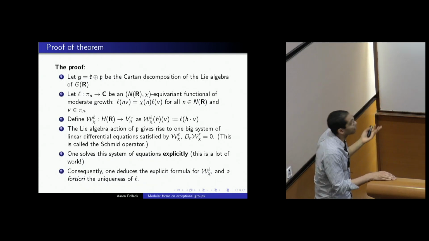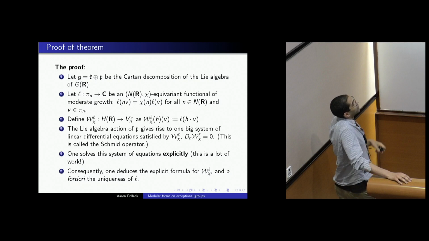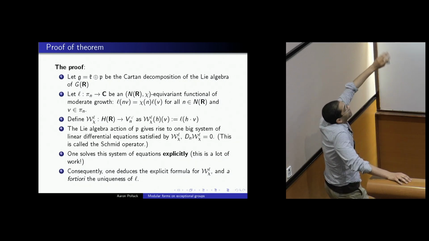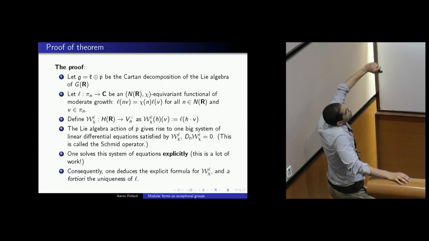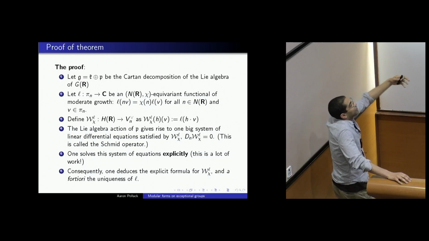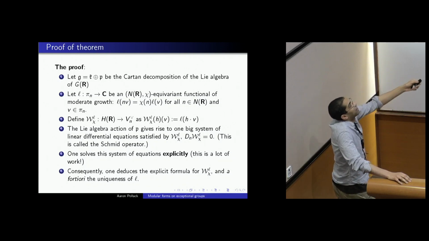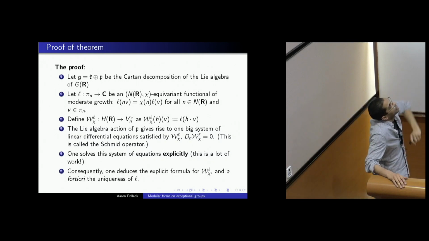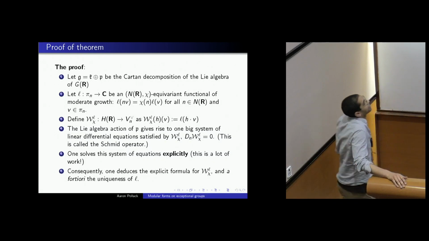Okay, so how does one prove this? What you do is, we take the Cartan decomposition of the Lie algebra of the group G, and take any functional on the representation that's equivariant for this character. Namely, L of n times v is chi of n times L of v for anything in the unipotent radical N of R and any v in the space of this pi n.